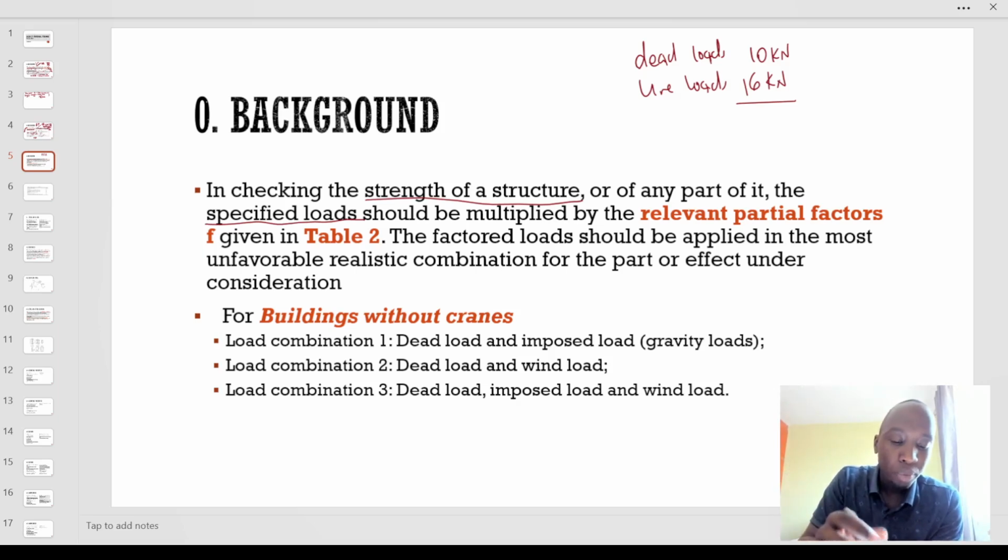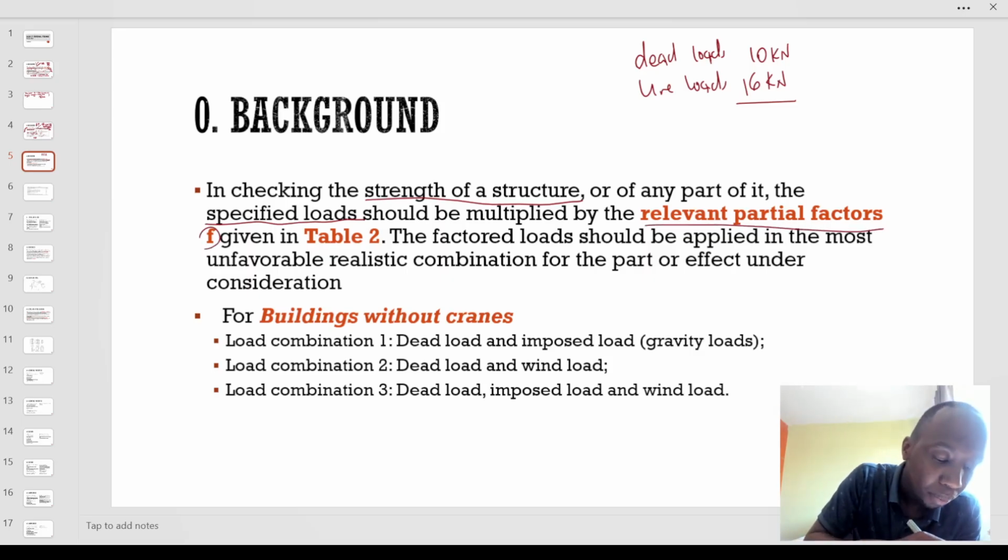So it should be multiplied by relevant partial factors F given in table 2, as you are going to see.